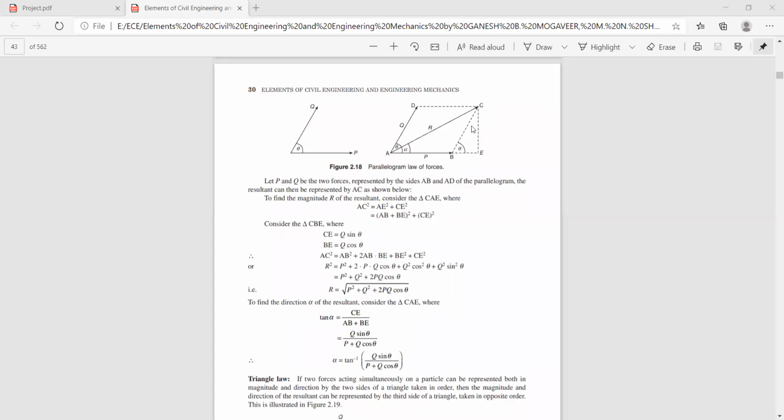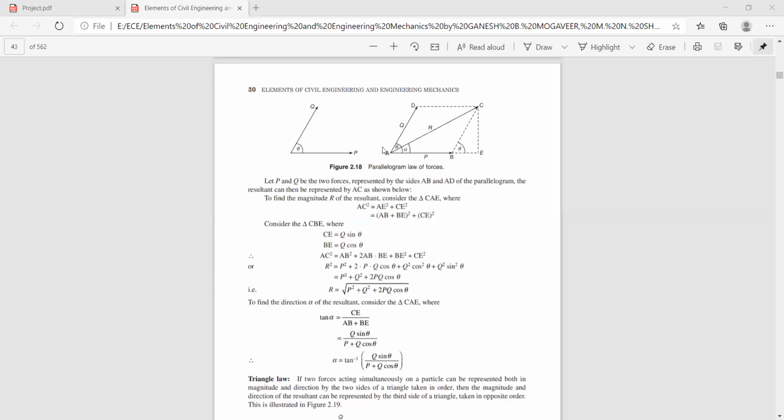Now consider the triangle CAE. Here tan alpha is nothing but CE by AE, correct? If you consider the triangle ACE, tan alpha is nothing but CE by AE. Again AE is nothing but AB plus BE. You know what is AB, BE, CE, so you substitute here.